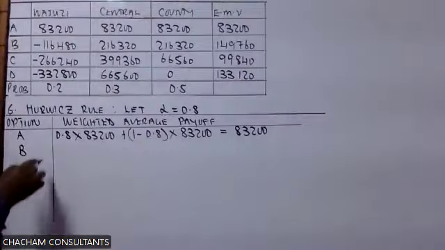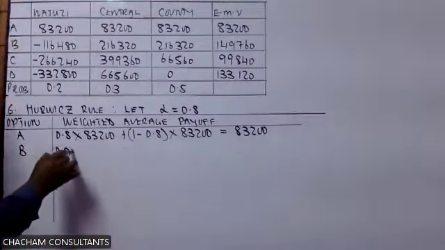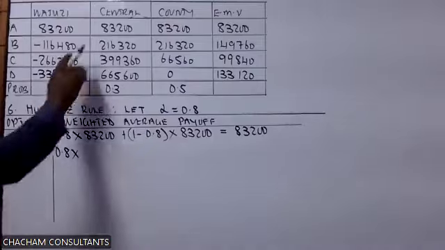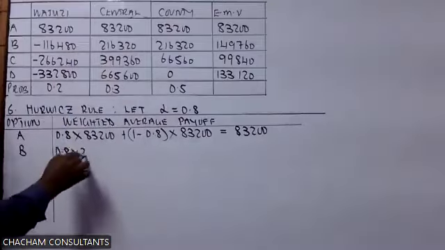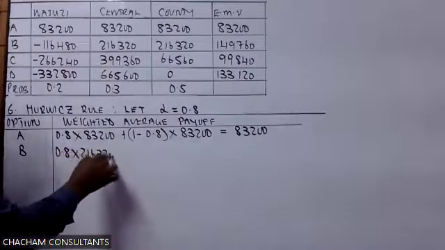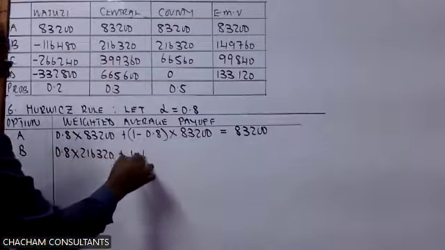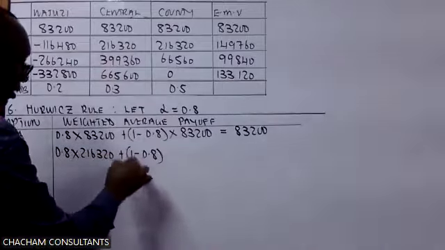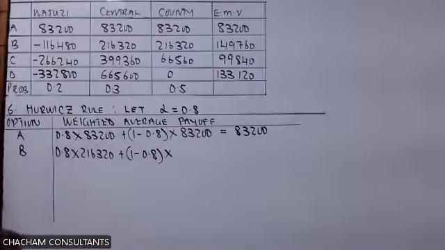Then for B, you do the same: 0.8 times the best. The best here is 216,320, plus 1 minus 0.8 multiplied by the worst.